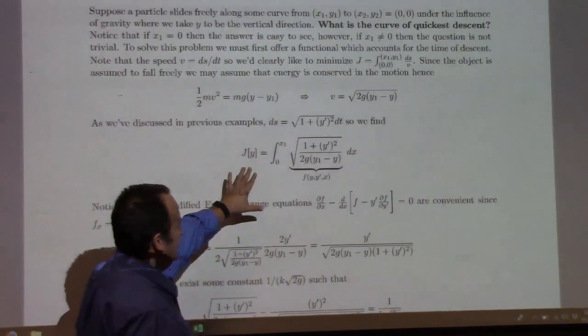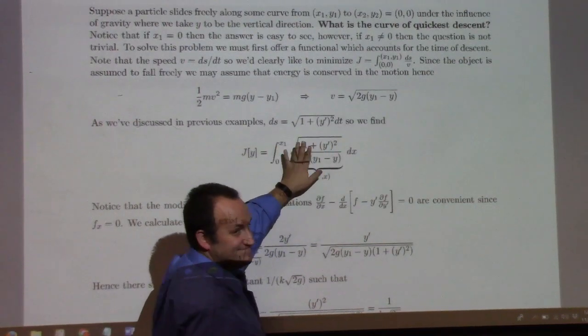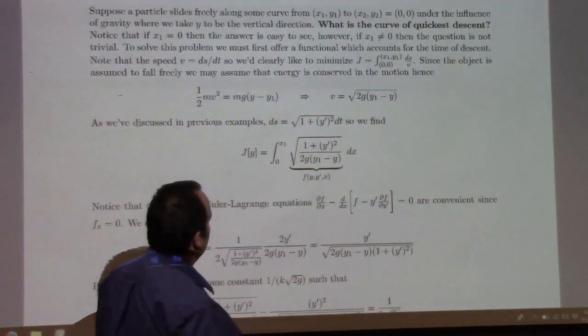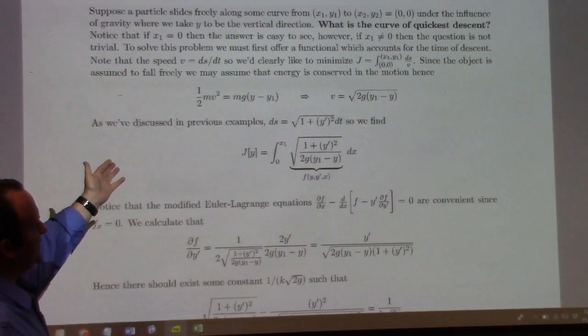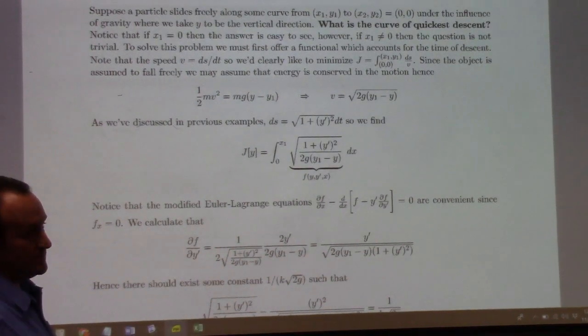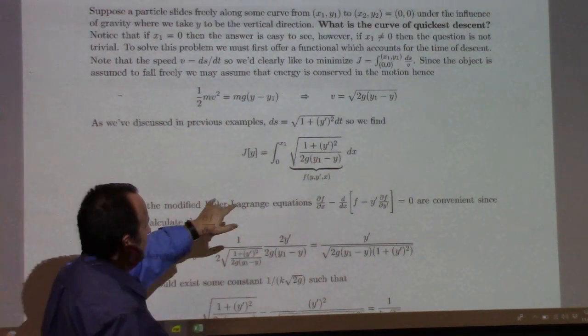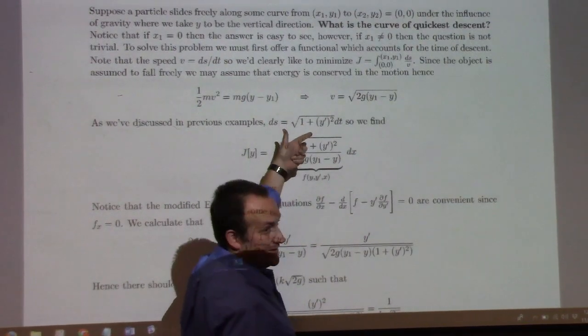And so what this is, is ds over v. But I'm also assuming that it's without friction, so I'm using conservation of energy to write the v. But the top is exactly ds, and this is v, assuming conservation of energy.